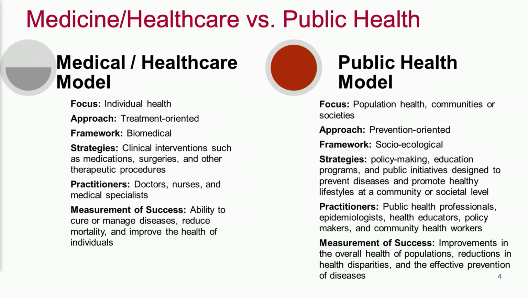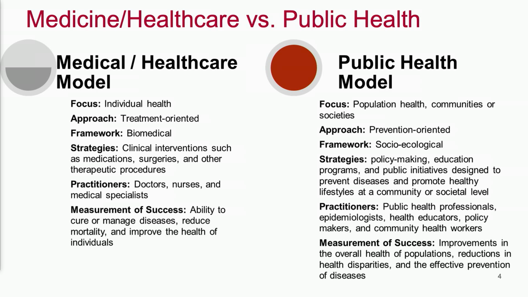The medical model operates within a biomedical framework, meaning it focuses on biological factors, and AI in the medical domain is focusing mainly on biological factors. There is no extensive consideration of social determinants of health. In contrast, the public health model uses a socio-ecological perspective that considers a wide range of factors affecting well-being and health.